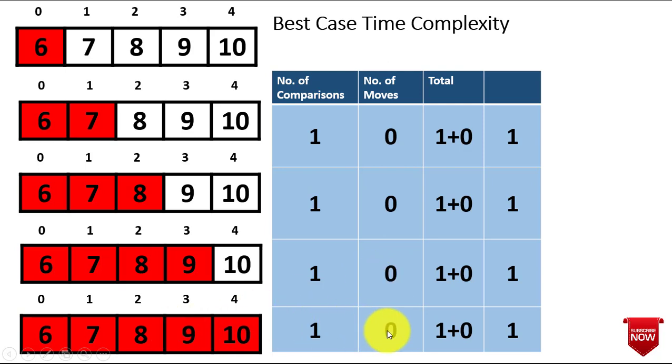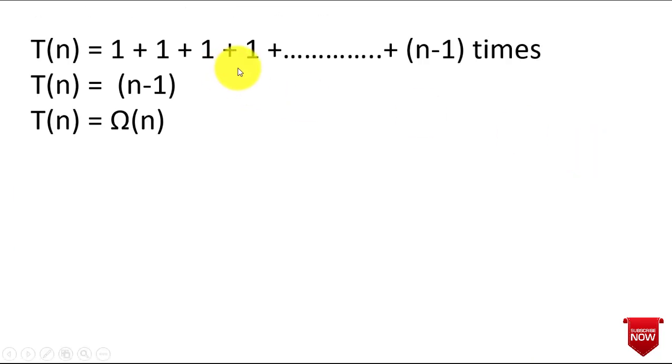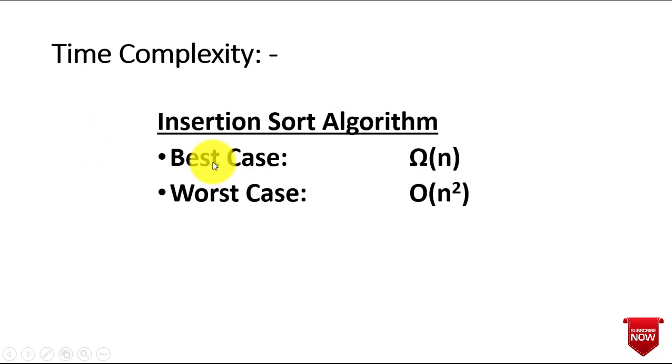Clear? So then total, sum it, 1 plus 1 plus 1 plus up to n minus 1. The total sum Tn will be n minus 1, and finally Tn is omega of n. So this is the time complexity of insertion sort. In best case it is omega of n, in worst case it is O of n square.